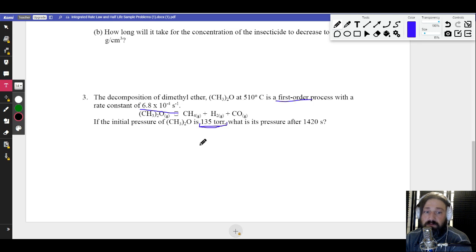Okay. Yeah, I mean it's the same process as before. 135 is going to be our initial. We want to know what the time is after. So we know that it's, let's just use A. A at a certain time equals A naught e to the negative kt. All right, so now we just kind of plug and chug.